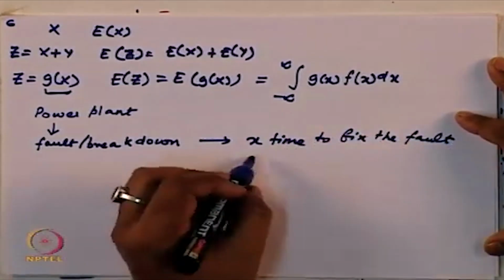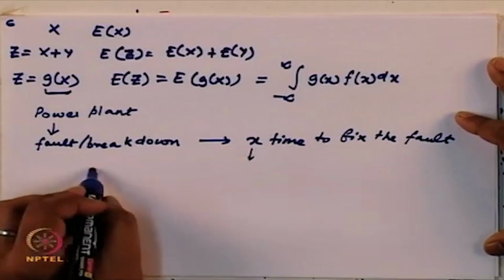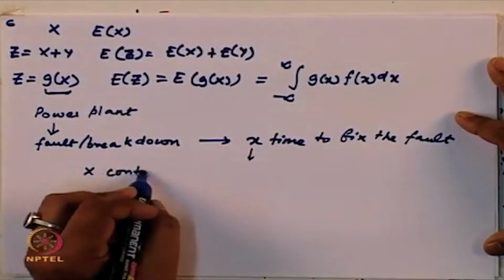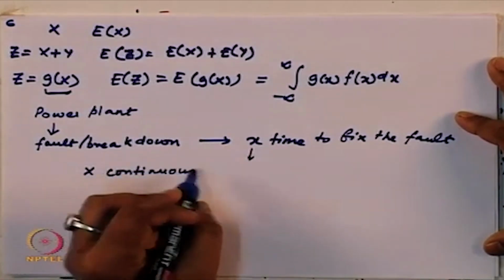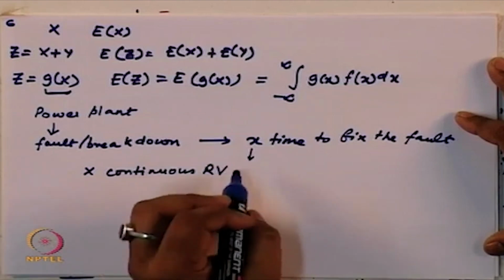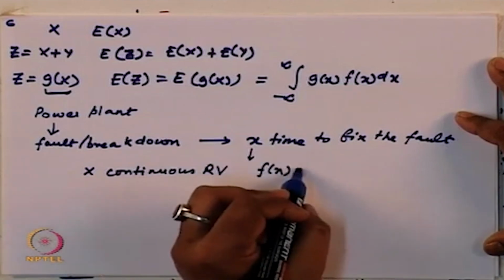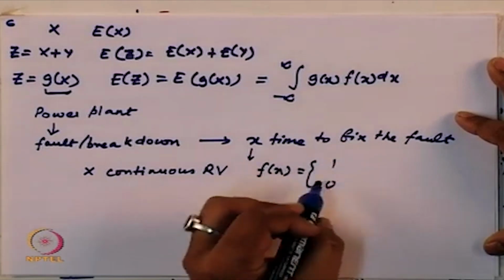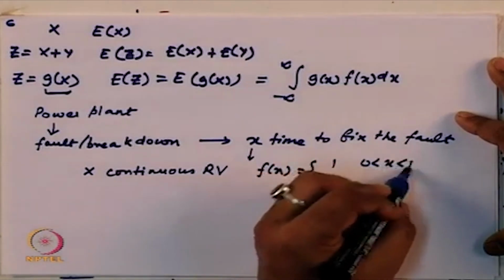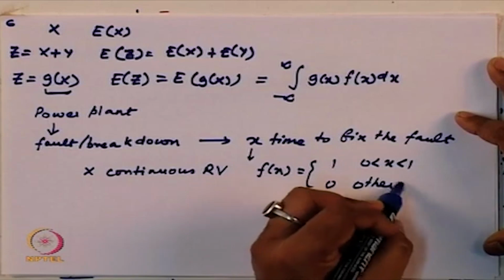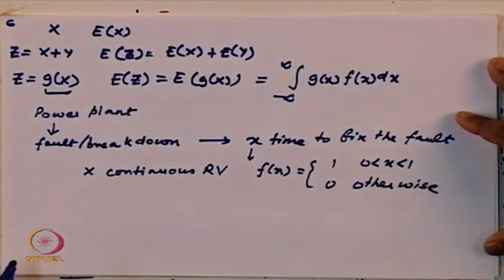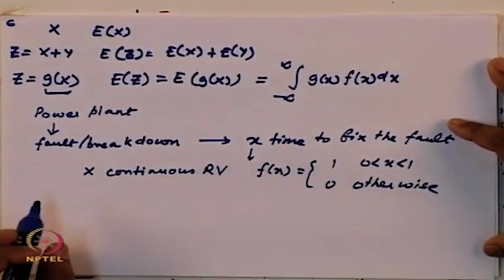And this x is a continuous random variable. It follows the following probability distribution. Okay. This is the probability distribution.